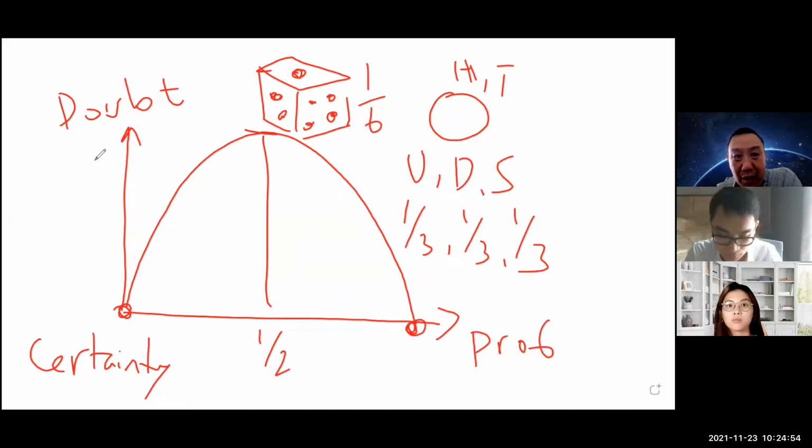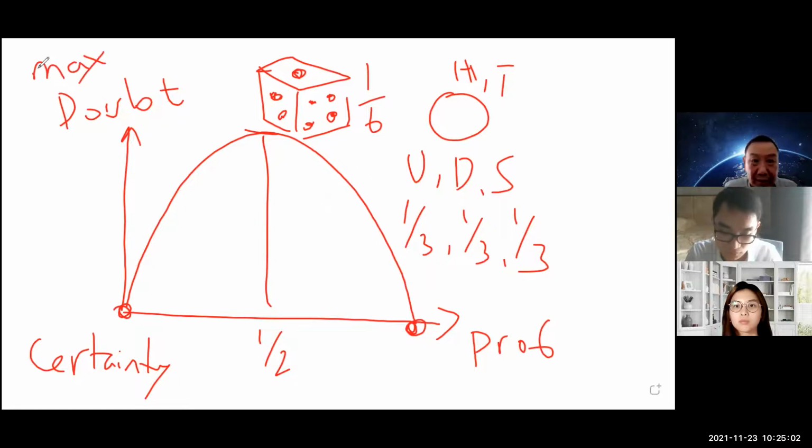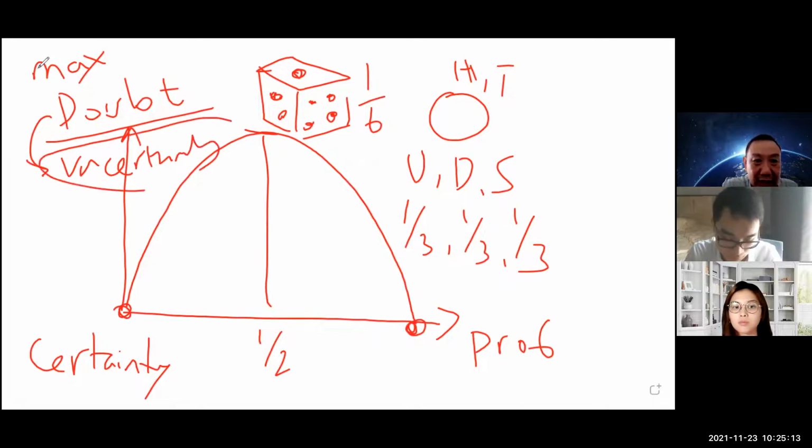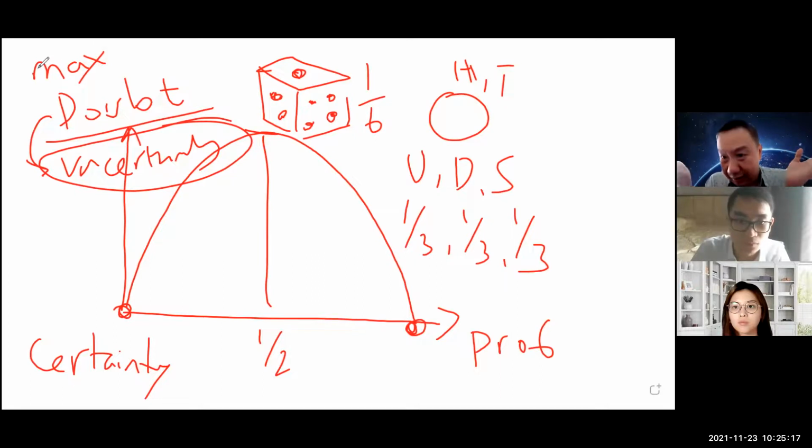Maximum entropy means maximum doubt, maximum uncertainty. So how do you measure uncertainty? That is called entropy.